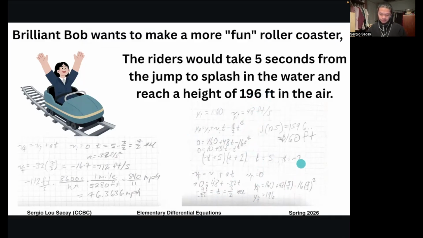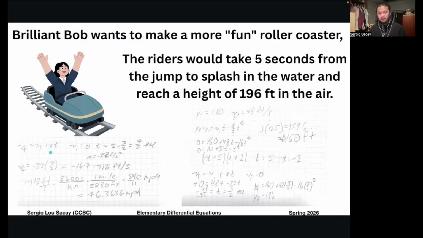Okay. So 3.5 seconds to hit the peak of their trajectory, and 5 seconds for them to splash in the water. And then how fast were they going? Well, we'll see that over here.